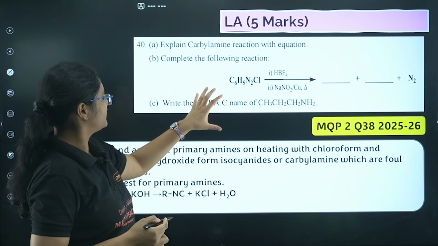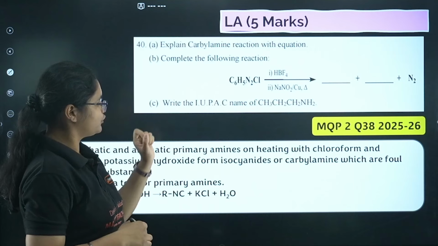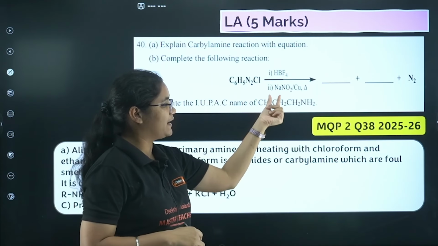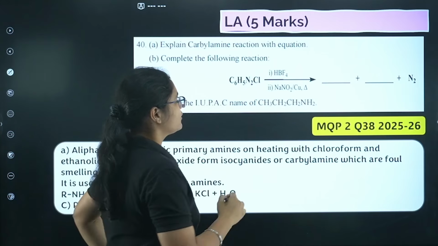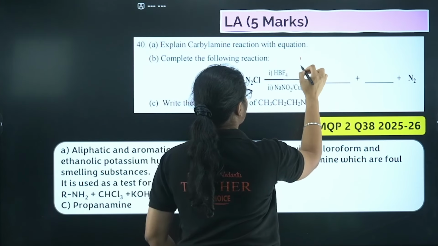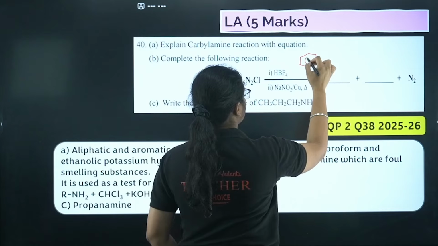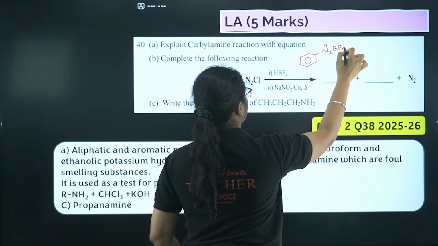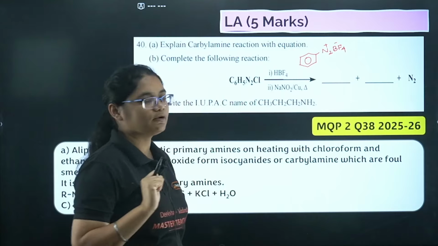Let's see the second question, that is complete the reaction. You have this benzene diazonium chloride, and then you are treating with HBF4, then NaNO2 and Cu and heating. When you treat with HBF4, you get a compound like this, where you have N2 plus and BF4 minus. This is the first compound formed.